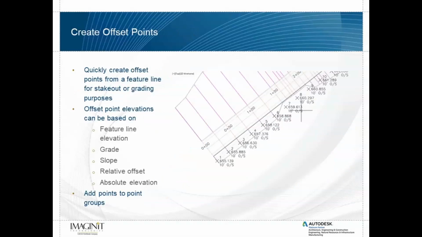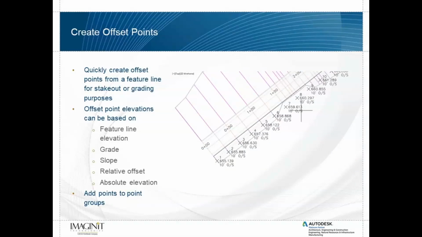Create offset points. Again, this is another one of those tools that was developed specifically for surveyors, but it's definitely been used in grading situations. The idea is, it's somewhat difficult to be able to click on a feature line and generate points to stake it out, right? And if we were generating points right on that feature line, that would be one thing, but usually surveyors want to stake things out at an offset.